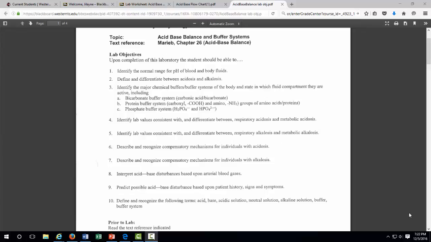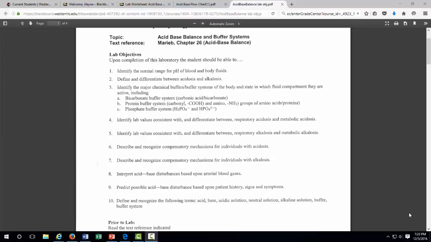Do you remember the name of the enzyme in the red blood cells? Carbonic anhydrase. Okay, so that's what makes bicarbonate ion, and that reaction in the red blood cells of breaking down or forming carbonic acid is the most large-scale buffer system that the body has.